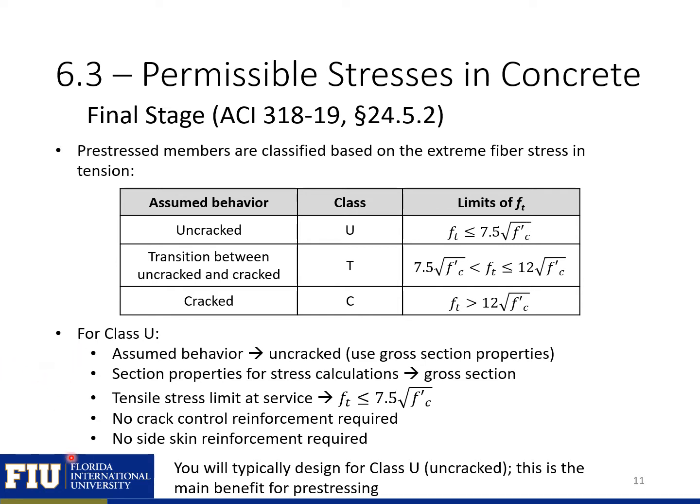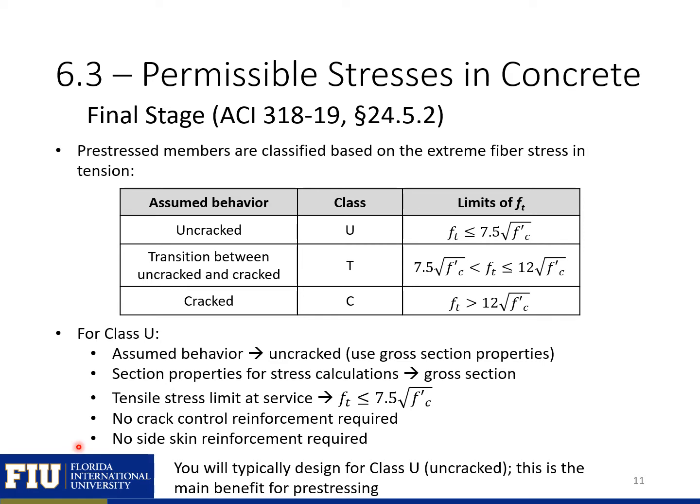Some of the assumptions that we have here for class U beams: we're assuming that we have uncracked behavior, so we can use our gross section properties. The section properties that we use are gross section or transformed. The tensile stress limit, I already mentioned, is 7.5 times the square root of f'c. We don't need any crack control reinforcement, and we don't need any side skin reinforcement.